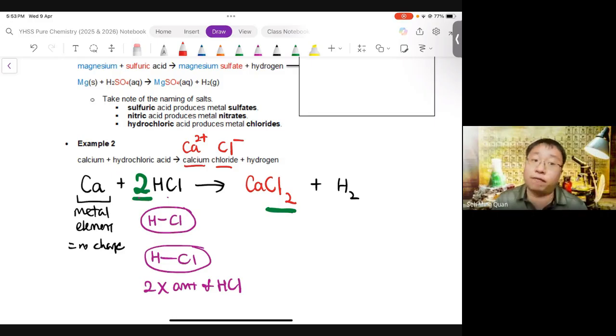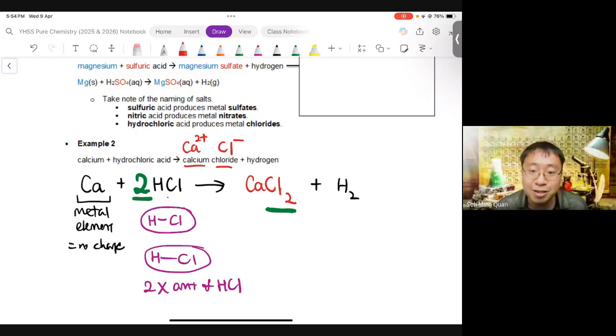In the case of this equation, it was not the same because on the left, there was only 1 Cl. On the right, there are 2 Cls. Therefore, on the left, there was a deficiency. When you have a deficiency, you need to multiply it by a number. In this case, we need to achieve 2 Cls. Therefore, multiply by 2. When you multiply, you put the number in front: 2 HCl.